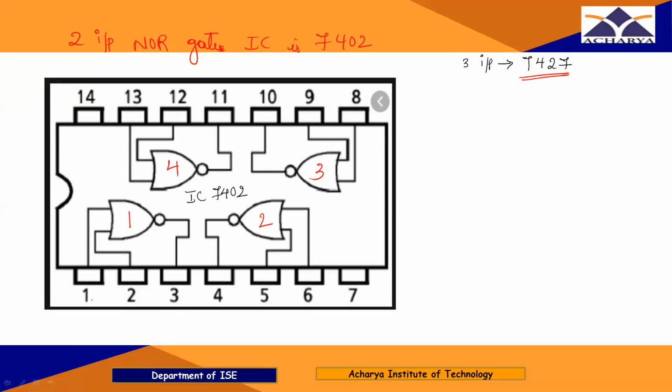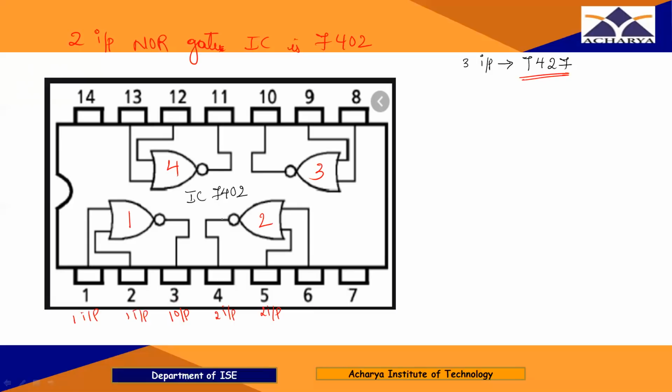So here pin number 1 and 2 are the inputs of the first gate. Pin number 3 is the output of the first gate. Pin number 4 and pin number 5 are the inputs to the second gate.